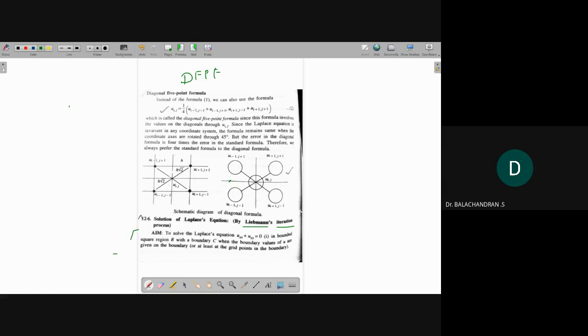So it should be okay. The region should be a bounded square region with a boundary C, when the boundary values of u are given on the boundary or at least at the grid points in the boundary. Okay.